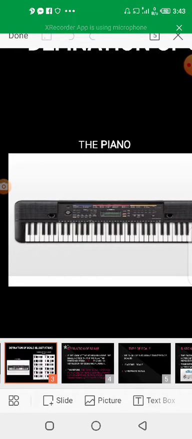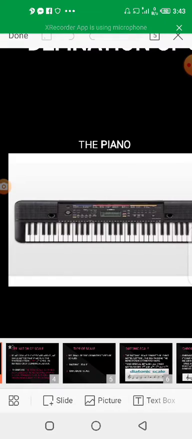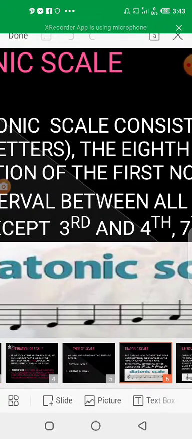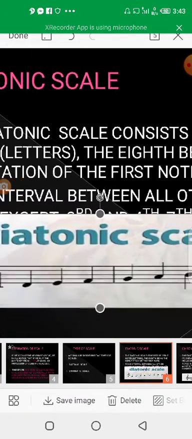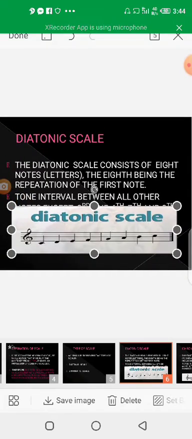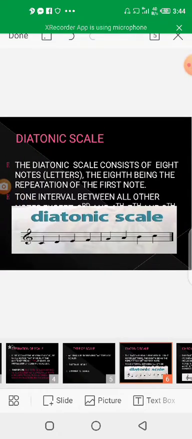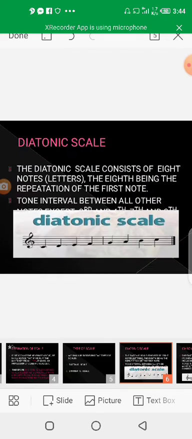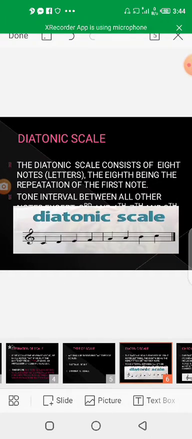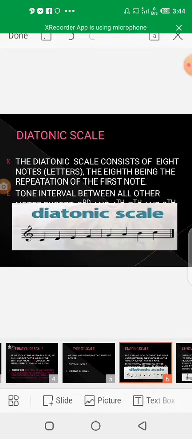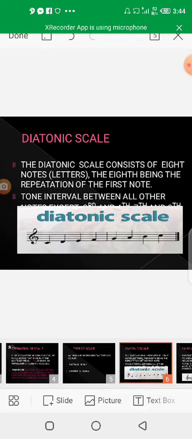So that's what we're trying to tell you here: in a diatonic scale, there is a semitone between the third and fourth, and the seventh and eighth.